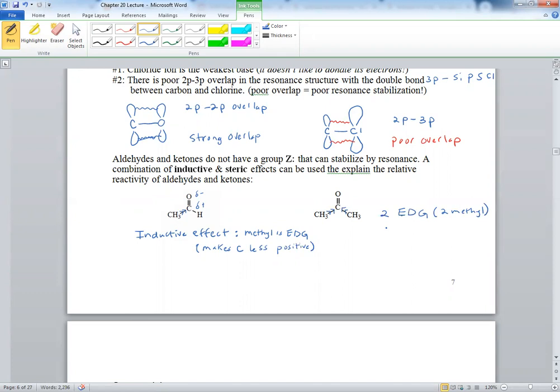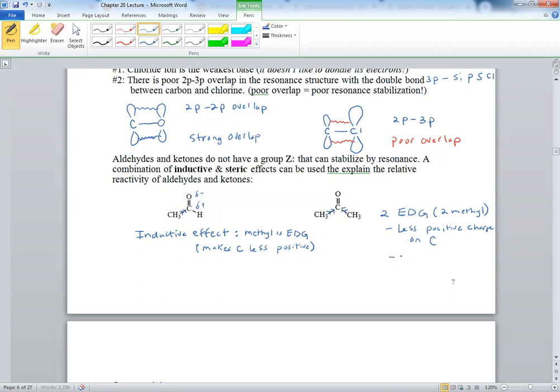So there would be even less positive charge on carbon.